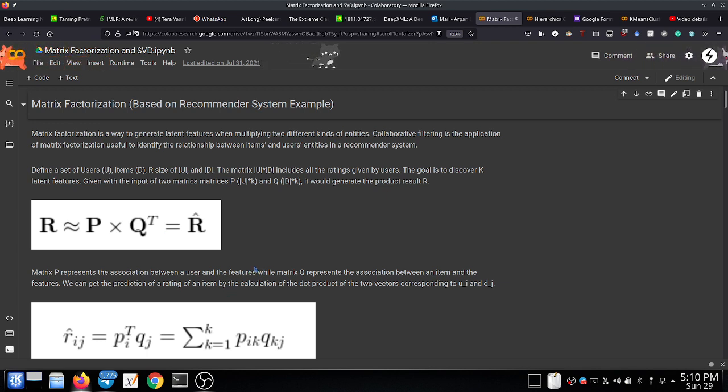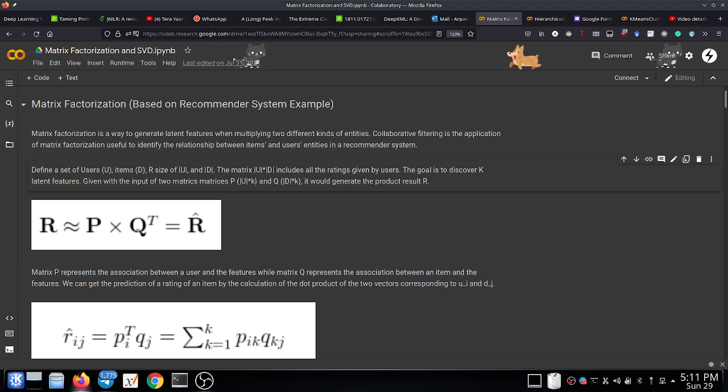For example, if we have a matrix of size U cross D, we can divide it into two matrices of sizes U cross K and D cross K, which multiply to give back R as closely as possible. So P into Q transpose would give us back the matrix R, at least a close approximation to it.